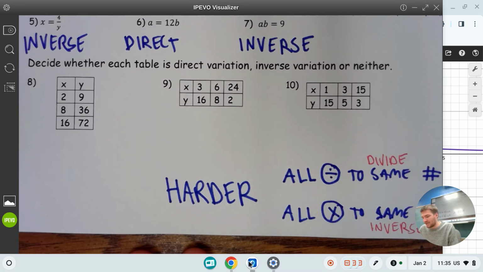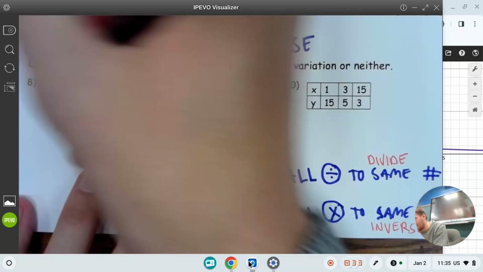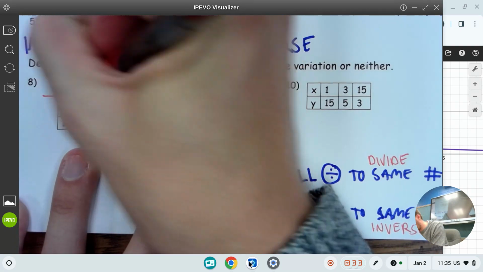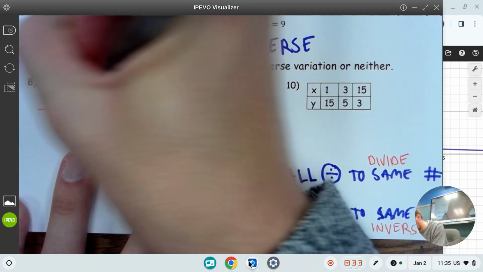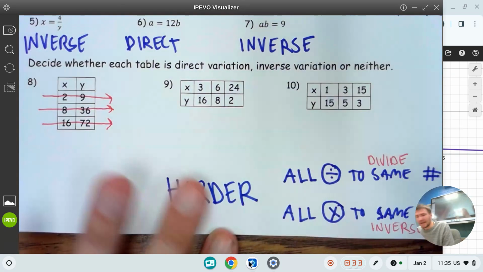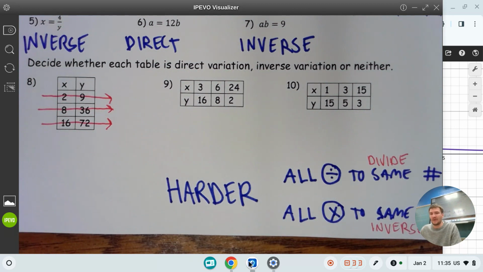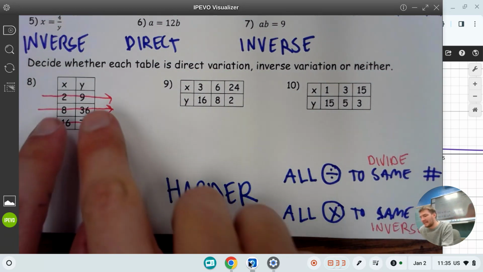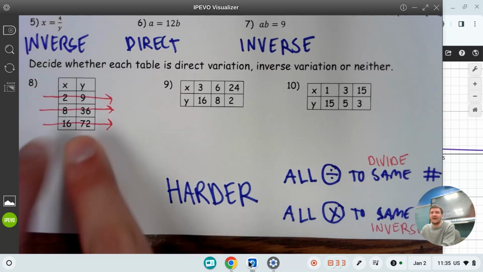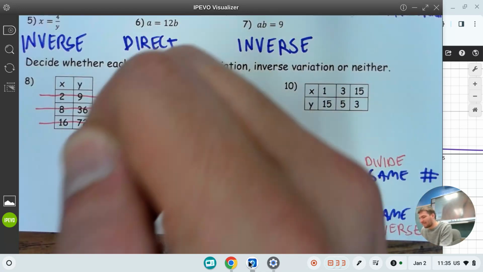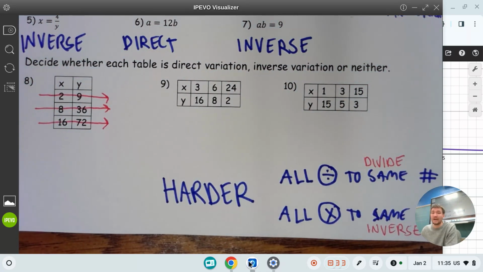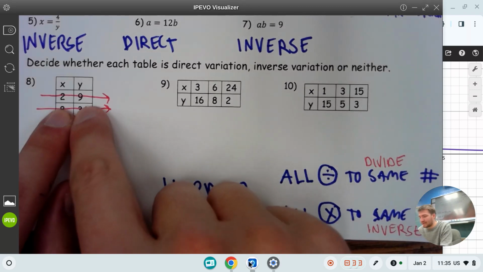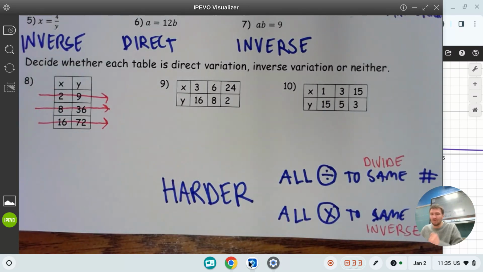We're going to look at this table, and we're going to think at all 3 of these points. If you want to be direct, then divide, divide, divide, you better get the same number every time. If you want to be inverse, multiply, multiply, multiply, you need to get the same number every time.